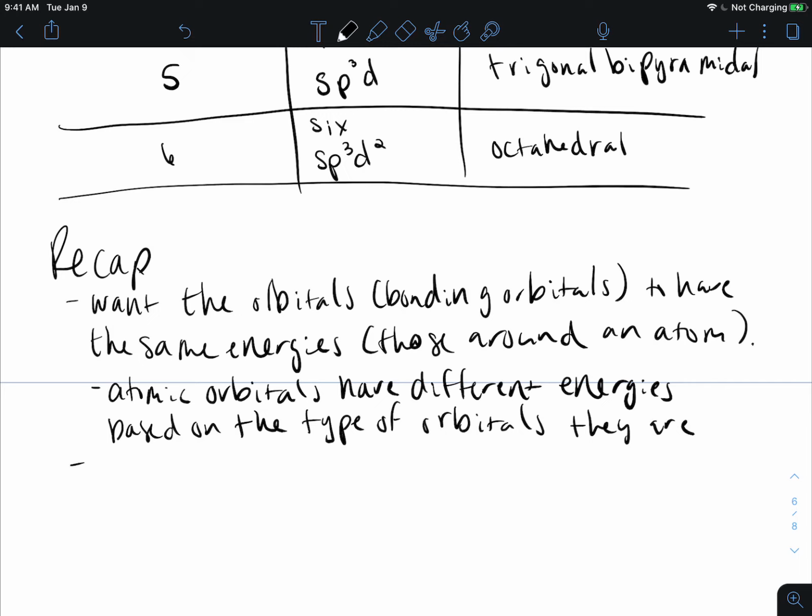An additional reason that we need hybridization is because the shapes of the atomic orbitals are not representative of the shapes that our molecules make.